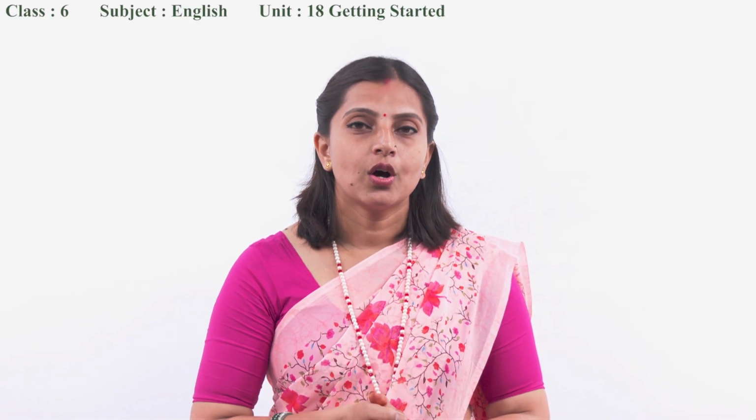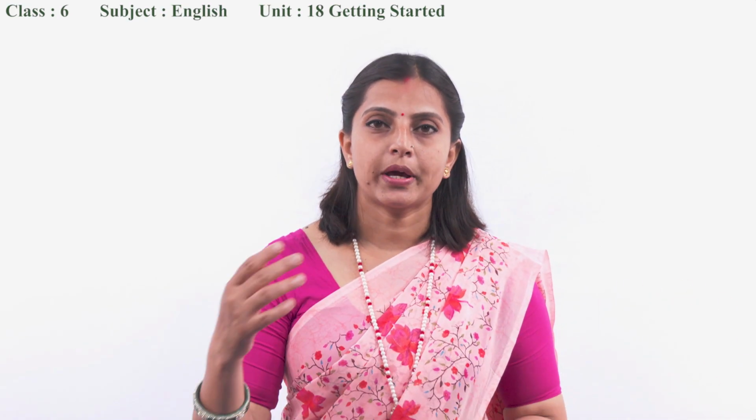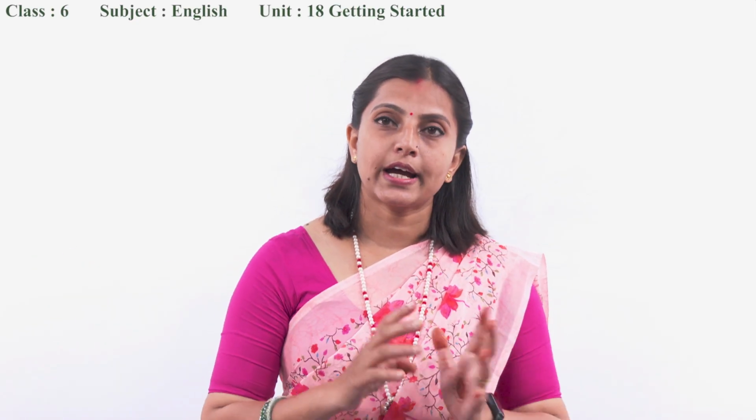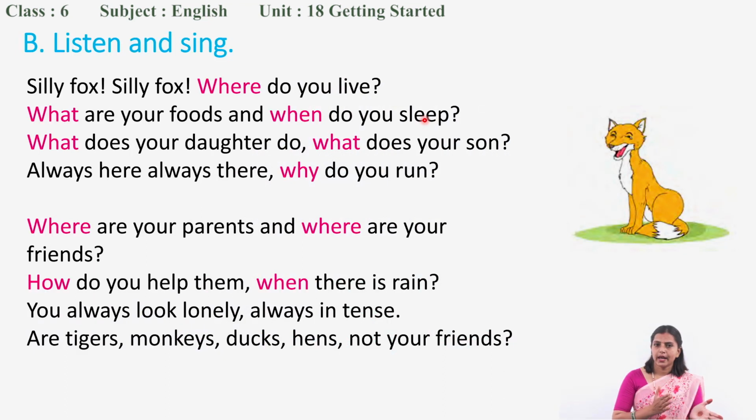When do they sleep? At night, like us, or during the daytime? Some animals sleep at night. Some animals sleep in the daytime and are active at night, like the owl. What about this fox? Is it a day animal or a night animal? At night, if your village is near the forest, you can hear their sound, which means they are not so sleepy at night.